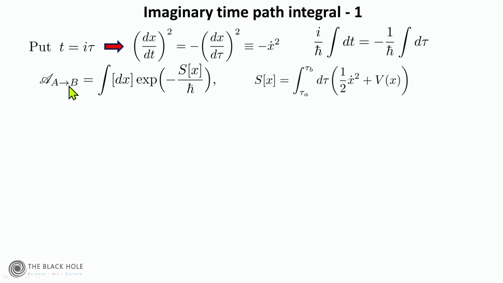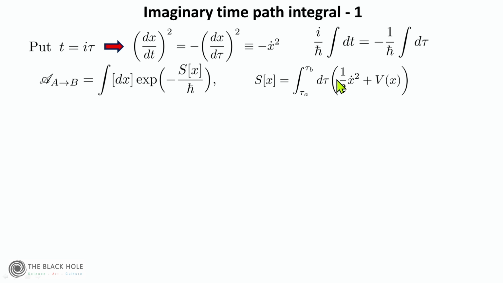So we then have the amplitude as the path integral of exponential of minus S of x over h bar. Now, two very important things to note over here. First of all, we've got a minus over here.